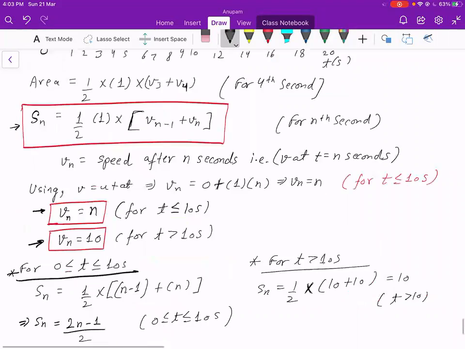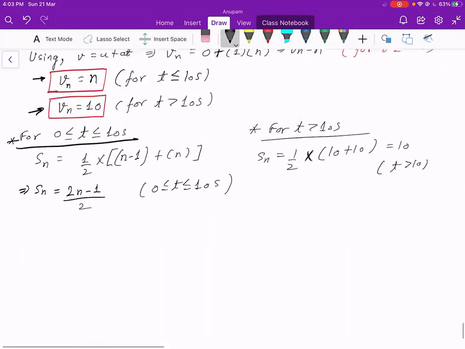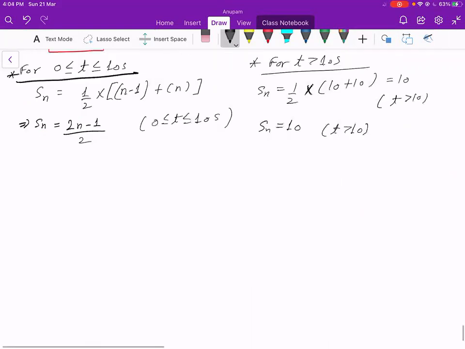So anyway, these are the two formulae that we are having: Sn is equal to 10 for t greater than 10, and Sn equal to 2n minus 1 by 2 between 0 to 10 seconds. So that is our data that we will use now.